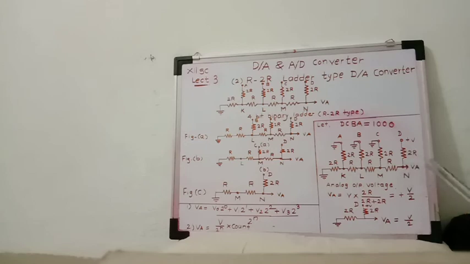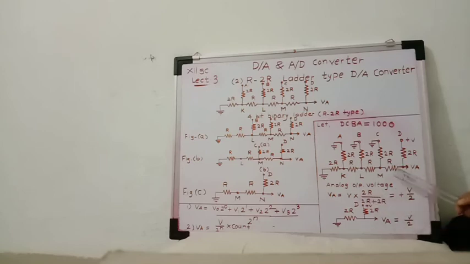By using the voltage divider formula, VA is equal to twice R divided by twice R plus twice R into V. That is twice R divided by 4R into V, that is equal to plus V by 2.